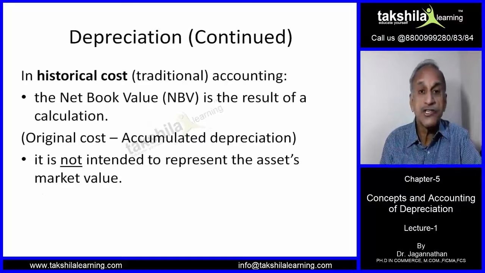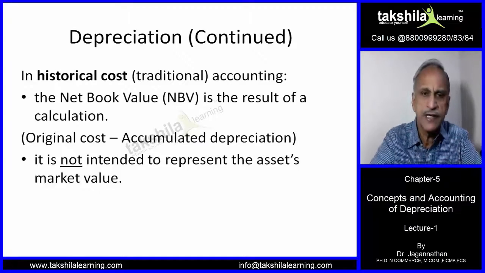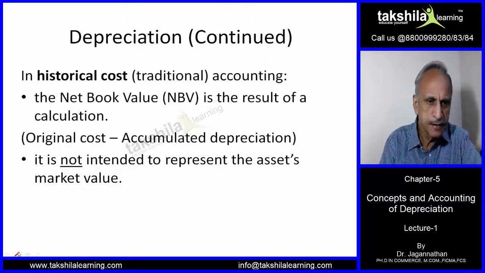In historical cost, traditional accounting, net book value is the result of calculations. Say for example, let me explain to you by this. Let us say you have bought a machine worth say 50 lakhs.